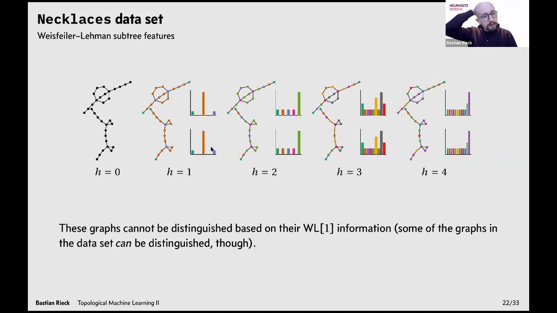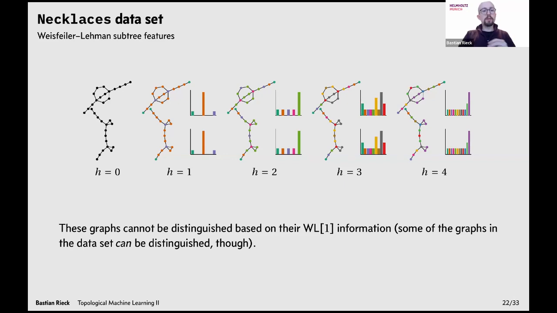Now, moving on to the necklaces dataset, here things are a little bit different. Here we have the WL subtree features, and they do change a little bit. So for some of the datasets, we do get different histograms, but not in all the classes. For instance, for those two, you will find that it's virtually the same histogram, but there are classes in there where the WL is okay in distinguishing between the graphs.